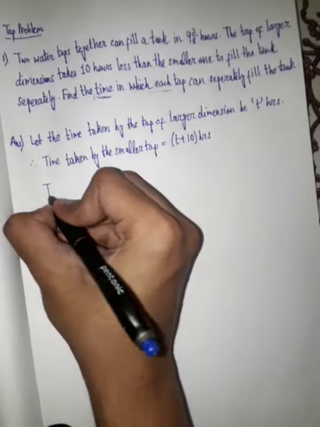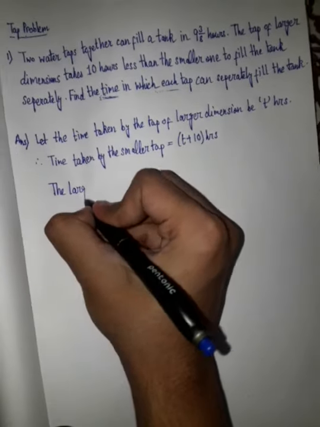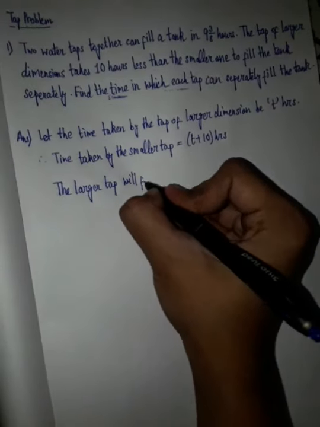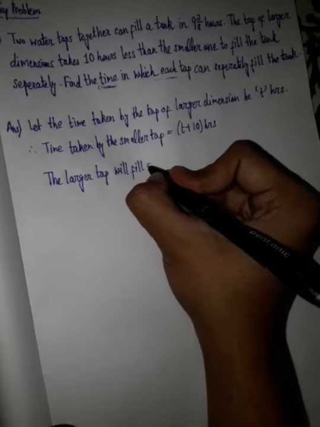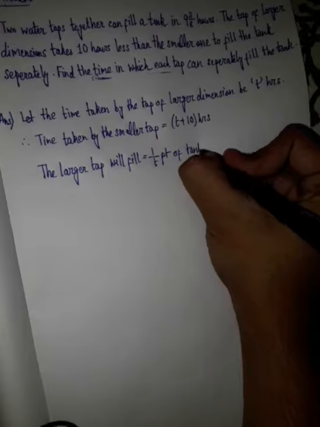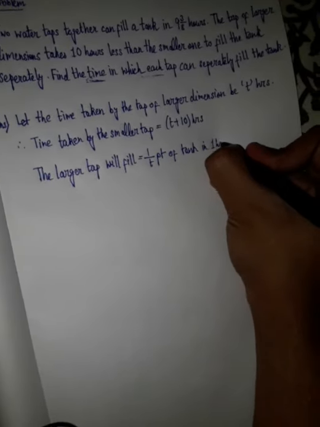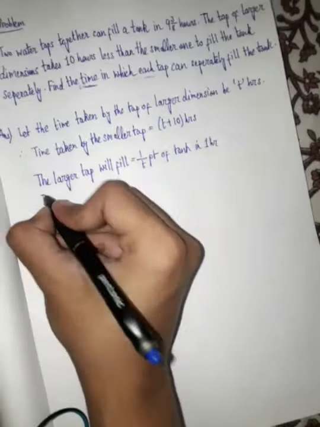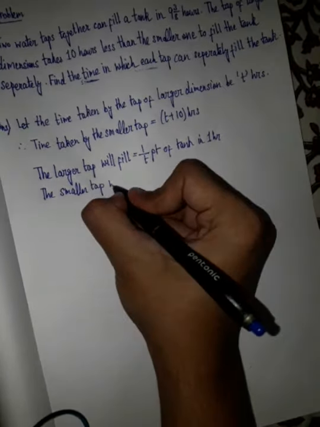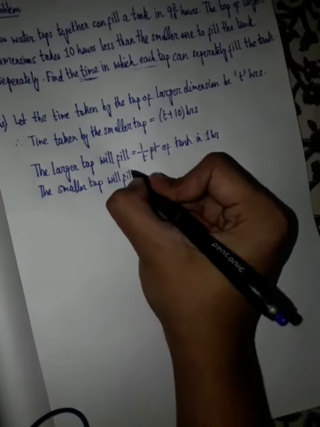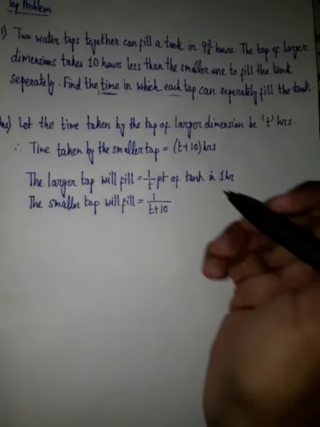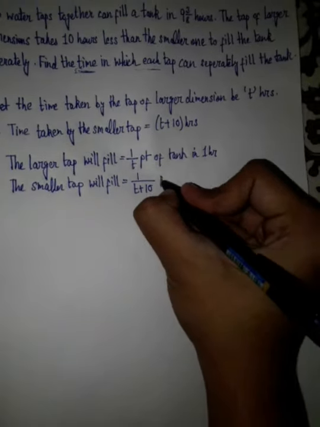So the larger tap will fill 1 by t part of the tank in 1 hour. Similarly, the smaller tap will fill 1 by t plus 10 part of the tank in 1 hour.